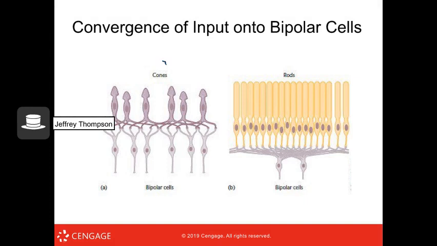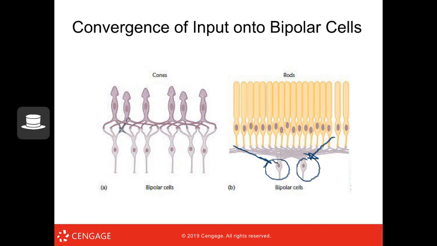So here we have the cones in the fovea, and we have the rods in the periphery. You can see here that basically you have one cone per bipolar cell, but you're also receiving inhibitory input from surrounding cells. Here, you only have two cells with a bunch of rods.